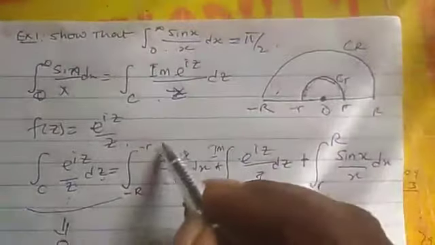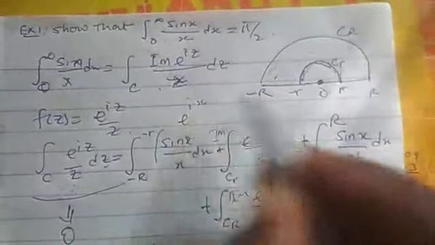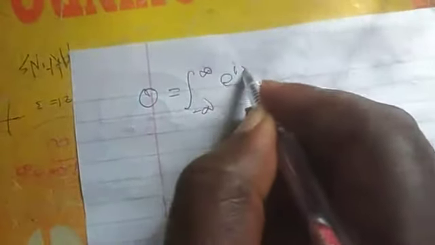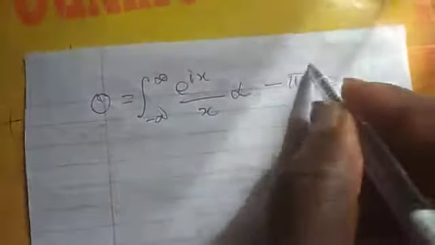And also we can proceed here by using exponential ix. If that is what I want to use, I will have got the following. This will be 0 equal to minus infinity to infinity of exponential ix over x dx, which should be pi i.